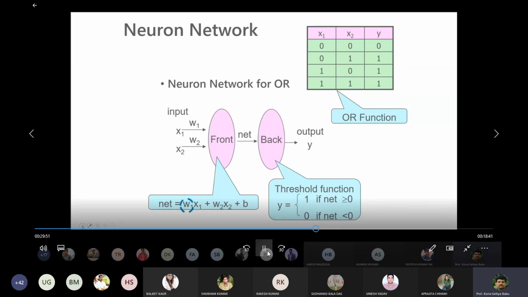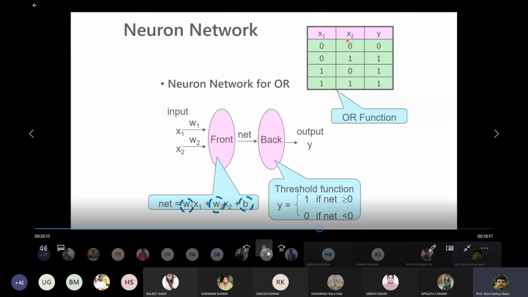Now W1, W2, B: these are the weights and bias. We need to understand that assigning these weights and the bias is important for us. What should the weights W1, W2, and B be, such that this function is true?